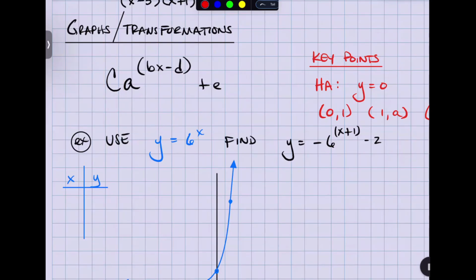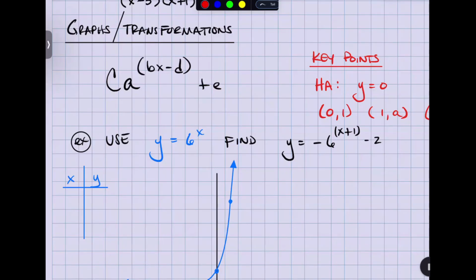We always have it raised to some kind of power. And then sometimes we'll add or subtract. So what I tend to tell my students about this is, anything inside the parentheses is backwards, opposite, and SADMAP.